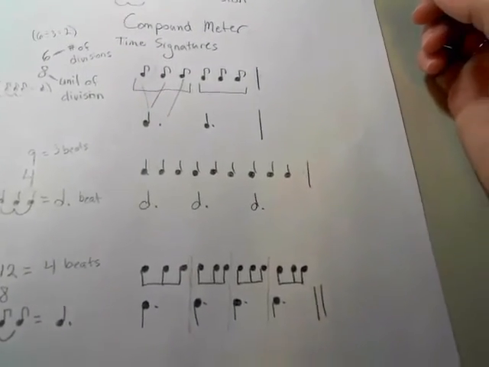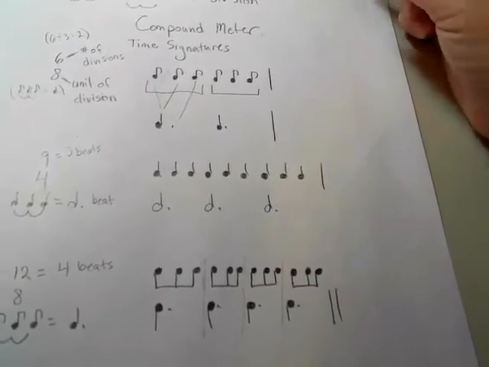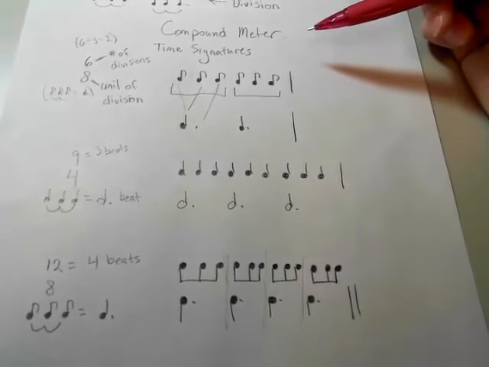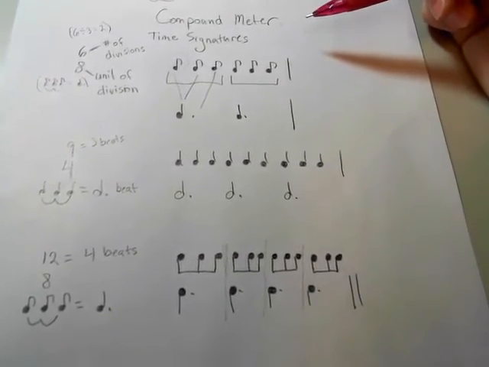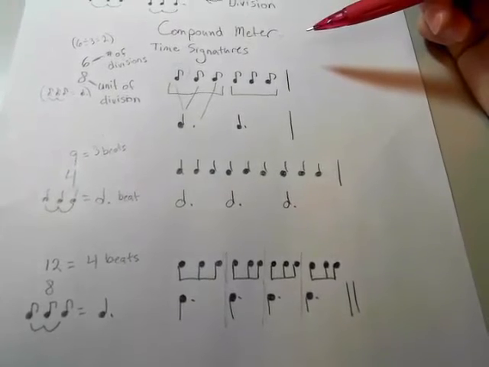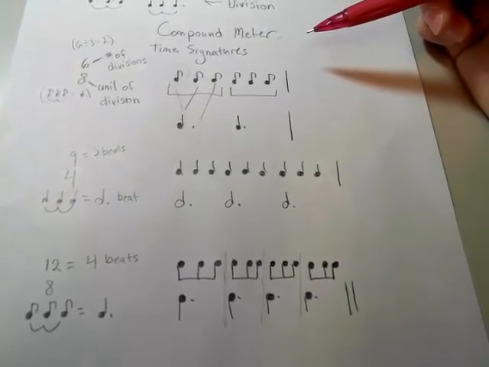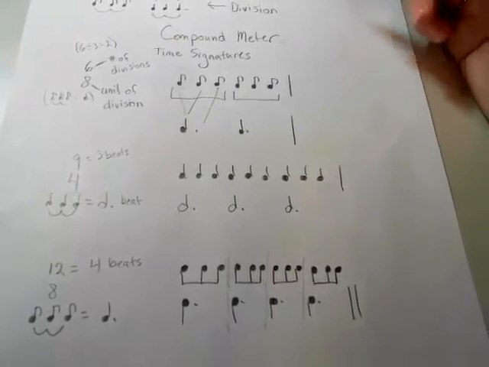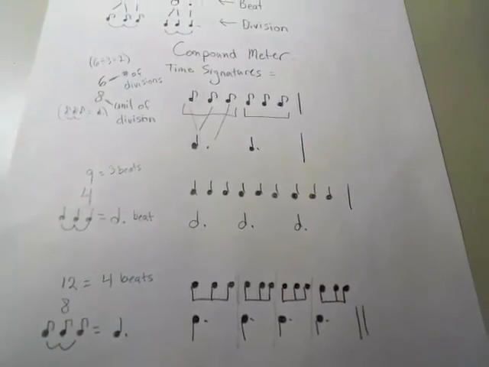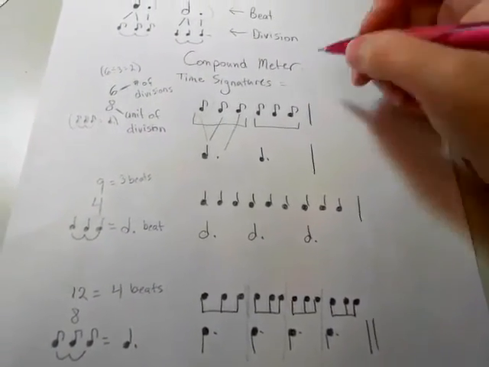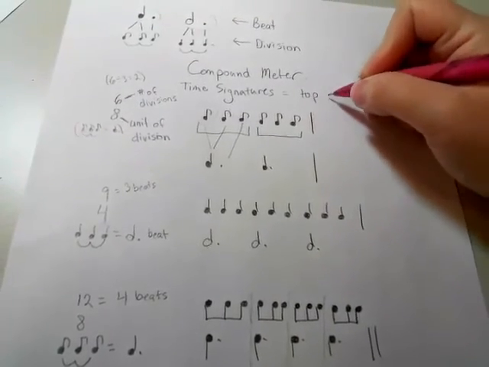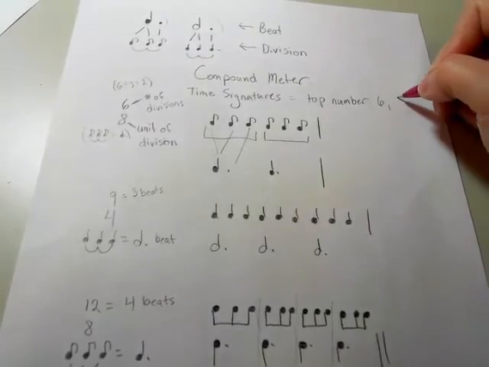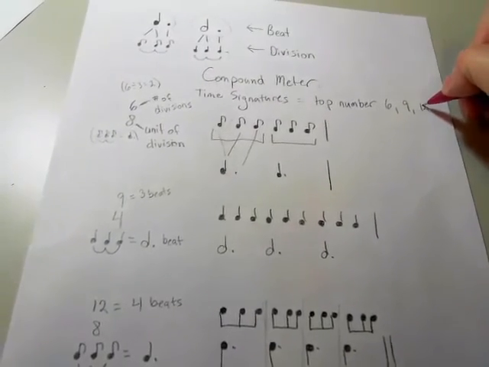One more thing I wanted to say is that you'll notice I said in the simple meter video that when you have a simple meter, you know it's simple because the top number of your time signature is either 2, 3, or 4. You know you're in compound meter if the top number of your time signature is 6, 9, or 12.